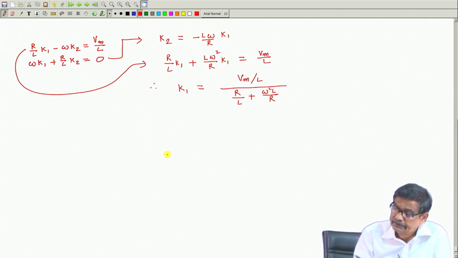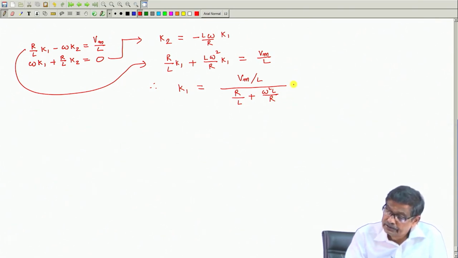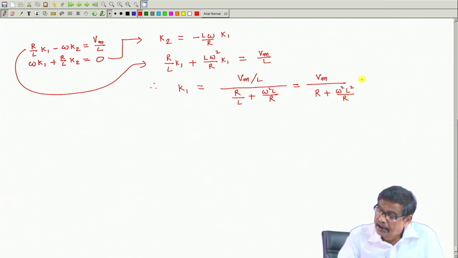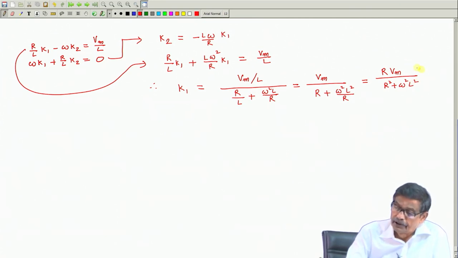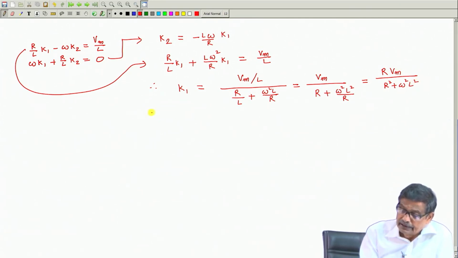Bringing this L down, it will be equal to V m by r, L cancels out, plus omega square L square divided by r, and this r also can be put on the top. So, r into V m divided by r square plus omega square L square. This is the value of k 1.